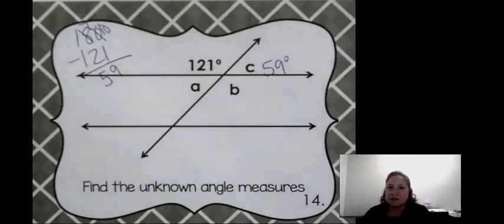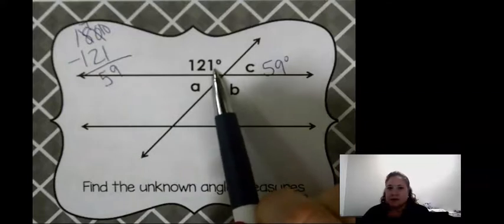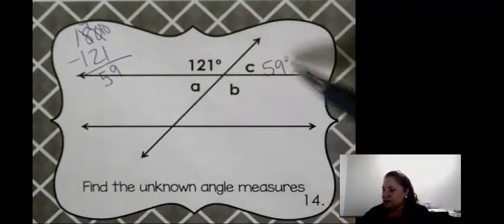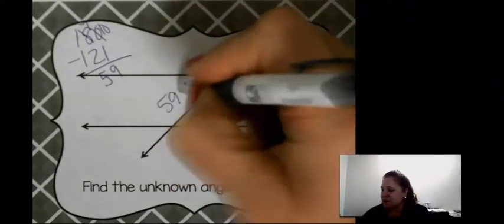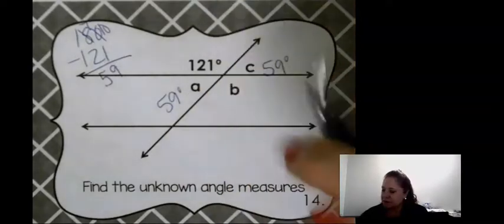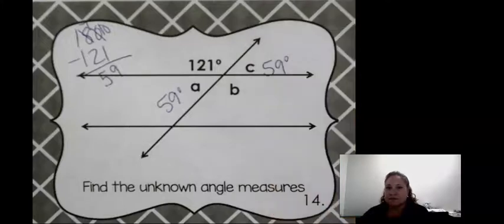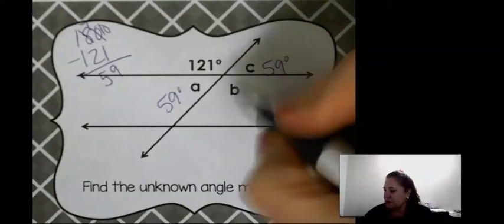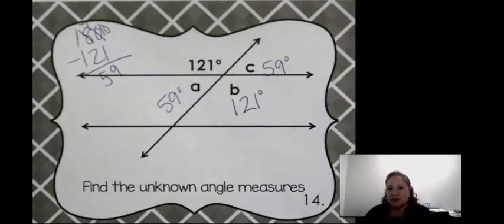It's acute, it's supplementary to this angle that's 121 degrees. So what is A then? A must be, correct, 59 degrees, because when I add those two up, it needs to equal this 180 degree straight angle here. All right, and then B must be 121 degrees. Good job. You guys are awesome.